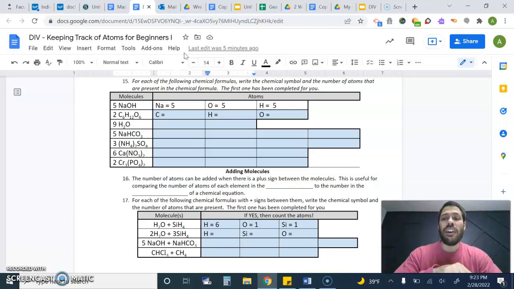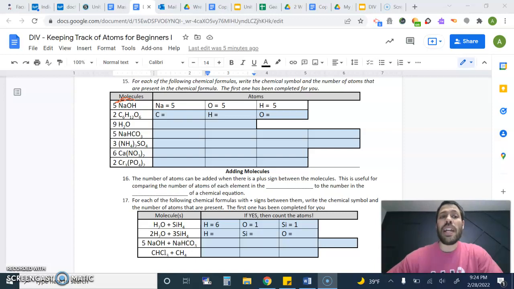So this 5 applies to every element after that coefficient. So not only would I have 5 Na's, I would have 5 O's and 5 H's. Hence why I have my final answer there being 5, 5, and 5.